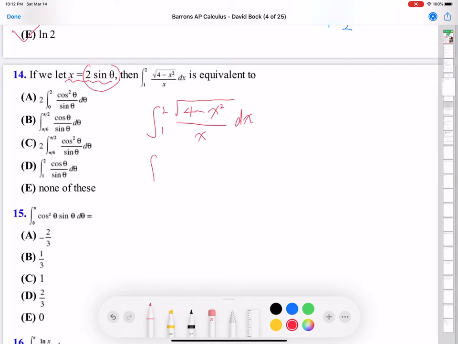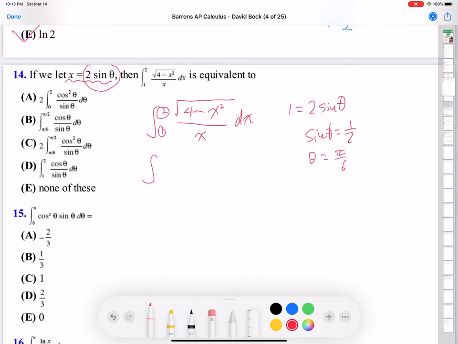So integral, and then I change the limits. Plug in 1 for x and find the theta values. If x is 1, what is theta? 1 equals 2 sine theta, so sine theta should be 1/2. Sine pi over 6 is 1/2. So theta is pi over 6.